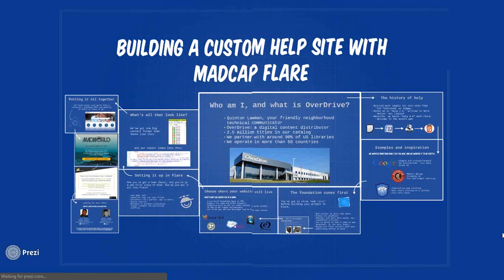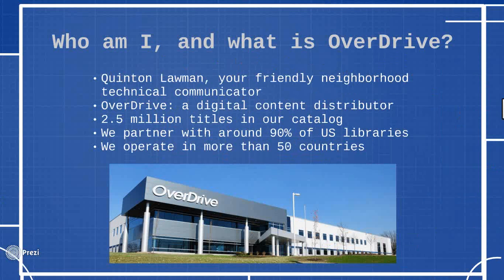Thank you, Jose. Like you said, I'm Quentin Lawman. I am a friendly technical communicator. I've been doing it for around 8 years, and I work for a company called OverDrive. We are a digital content distributor, which means we provide ebooks, audiobooks, movies, things like that to libraries and schools all around the world.